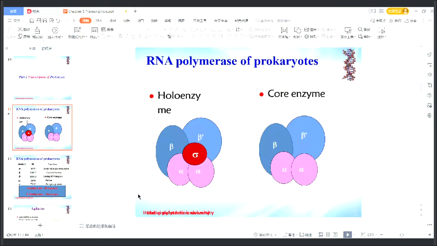For the prokaryotic organisms, you can see the polymerase has two kinds of forms.